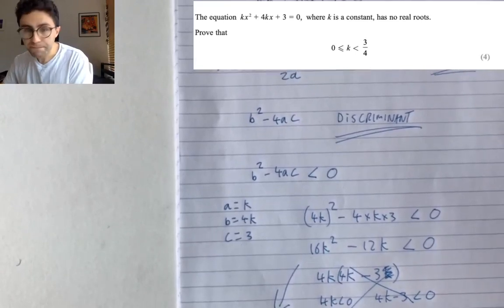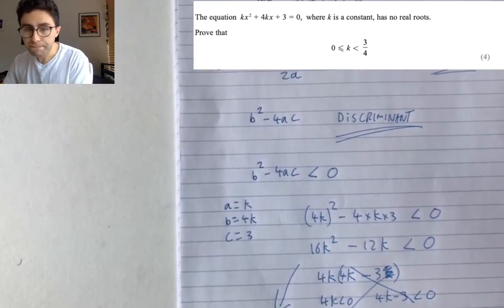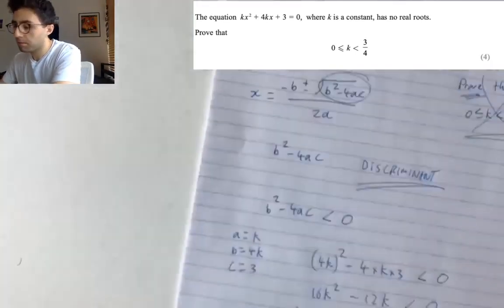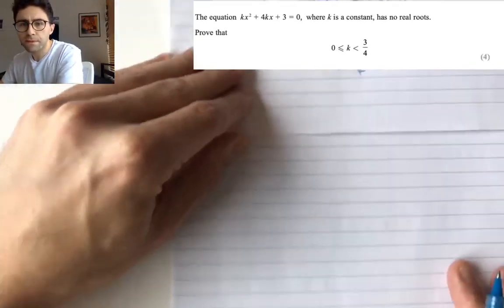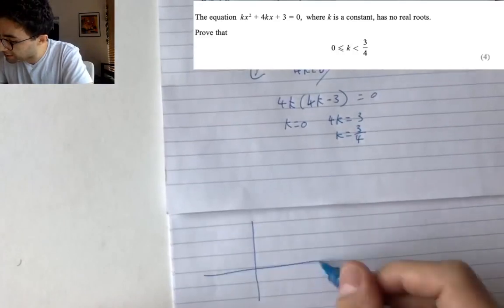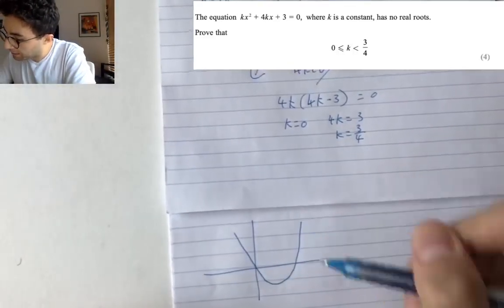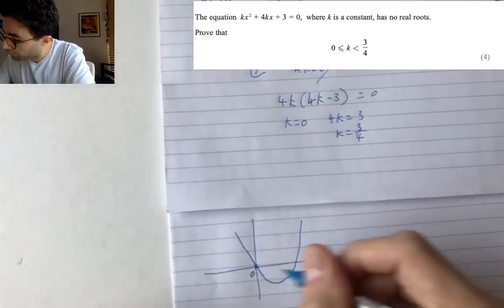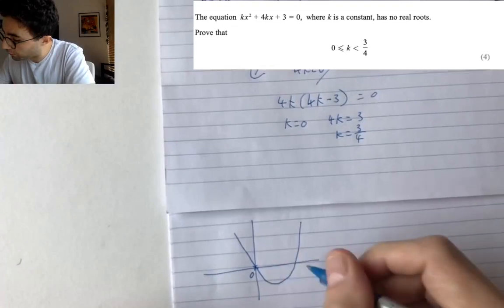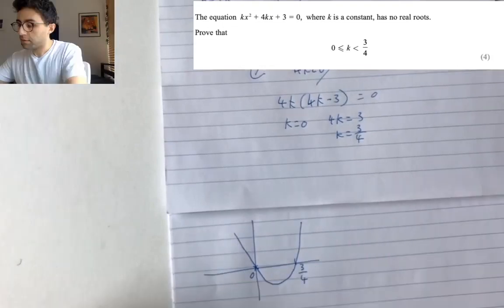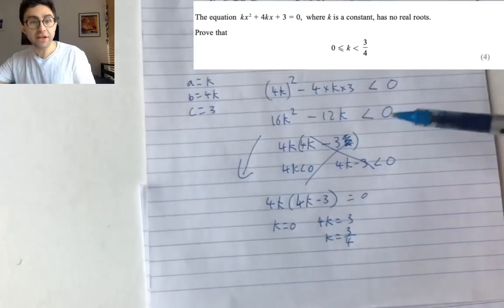Rough sketch. Let's push that up a bit. Time is of the essence. 0, 3 over 4. Rough sketch. Now finally, examine it.